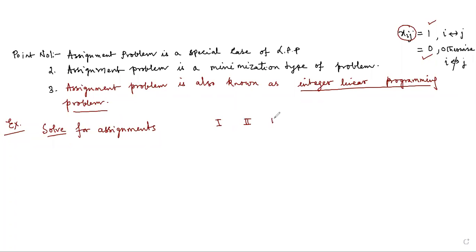We have 4 jobs and 4 persons, and the values are the costs. It is a cost matrix.